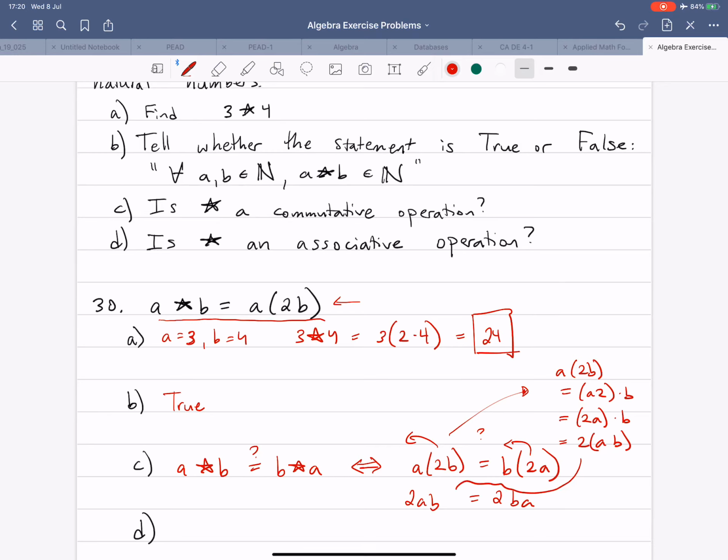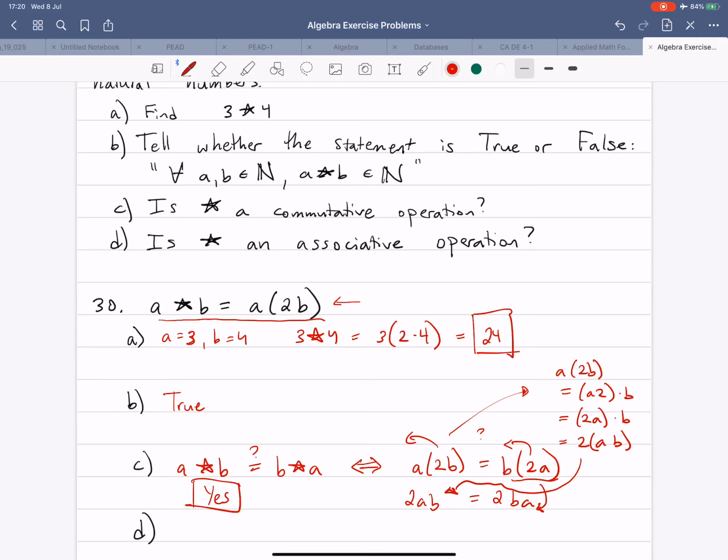So that's giving us this expression right here. We could do the same thing here, and we'd wind up with this guy, 2 times B times A. And those are going to be the same. So yes, this is a commutative operation.